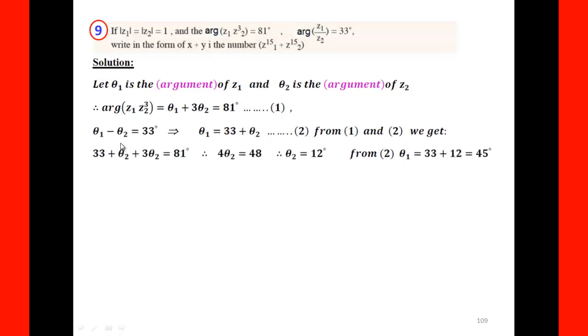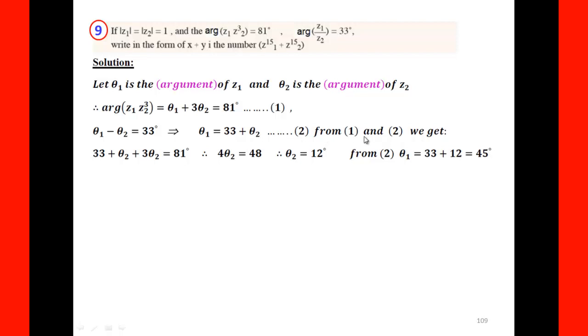Theta 1 minus theta 2 equals 33, as the argument of z1 over z2 equals theta 1 minus theta 2. So we have theta 1 plus 3 theta 2 equals 81, equation 1, and theta 1 minus theta 2 equals 33, equation 2. It means theta 1 equals 33 plus theta 2.